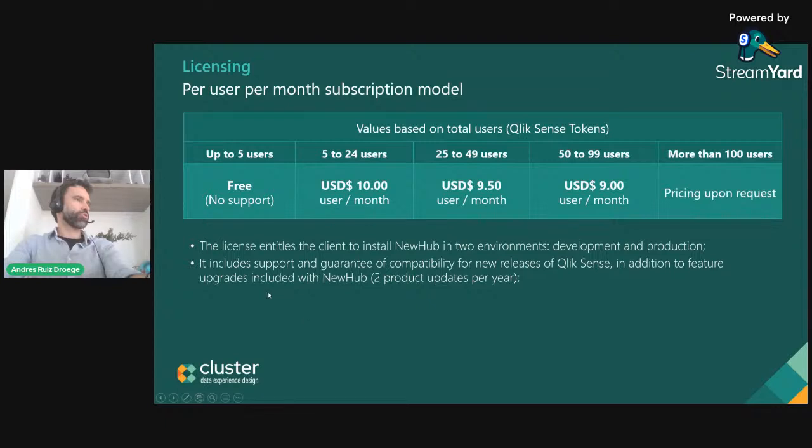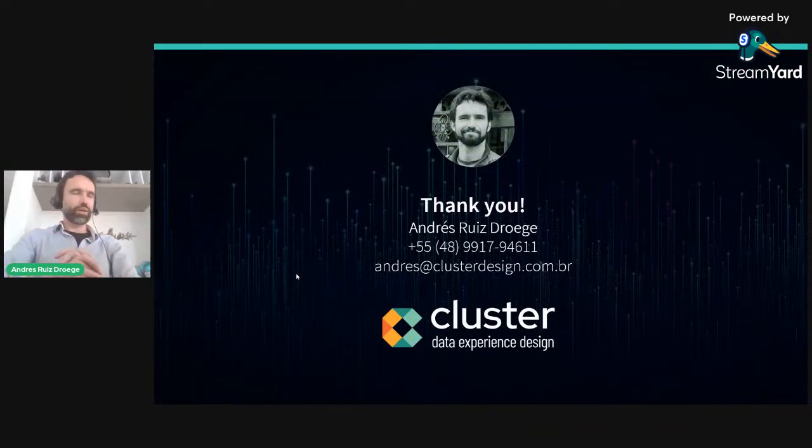It includes, of course, support, first level, second level, and third level support, and a guarantee of compatibility for new releases of Qlik Sense. And as I already mentioned at the beginning, the product is updated at least 2 times per year. So this is going to be ongoing progress for development with NewHub. So with that, I want to thank you and open up the floor for questions.